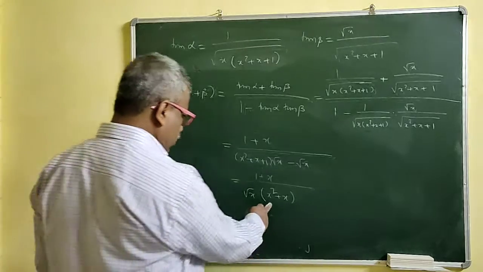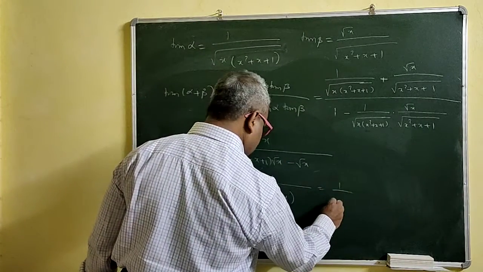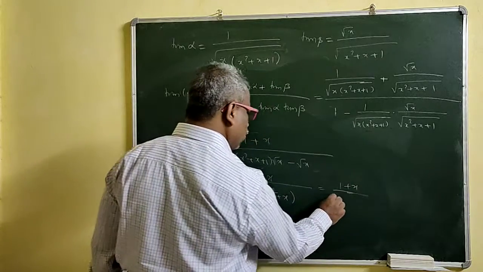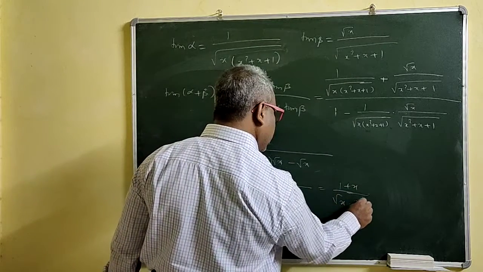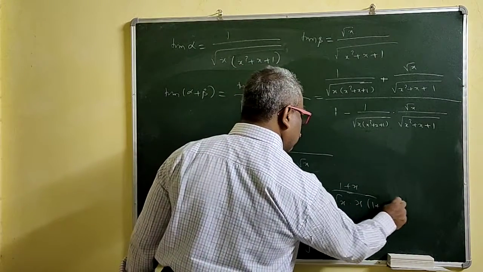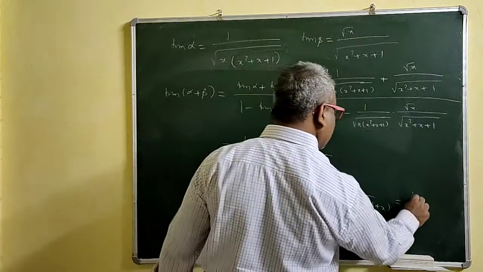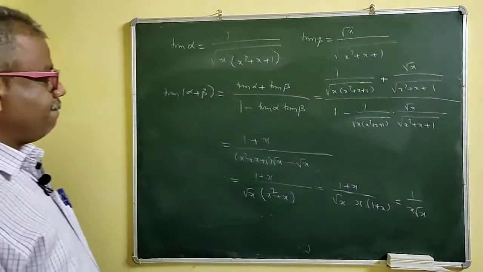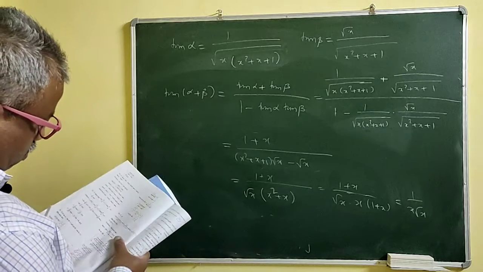So what will we do now here? If you take common 1 upon, so 1 plus x. What can we see? Root x into x here, and 1 plus x. So actually we don't get this. This is 1 upon x root x. So some value is wrong.